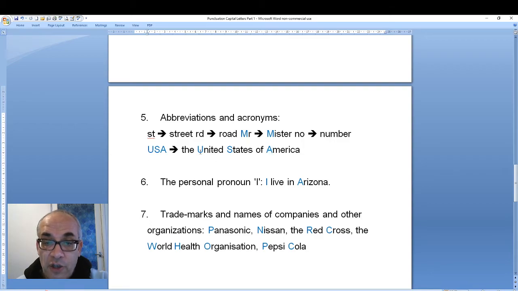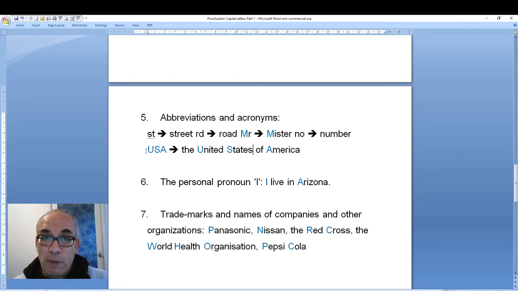And then I write USA. If you take the first letter from a word, and then the first letter from a second word, and the first letter from a third word, this means we have an acronym. So USA is an acronym.